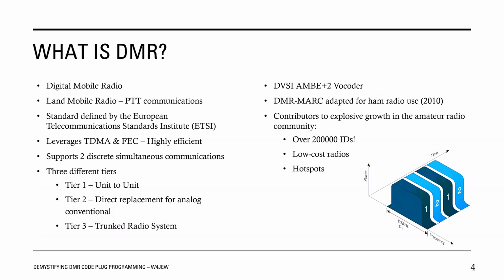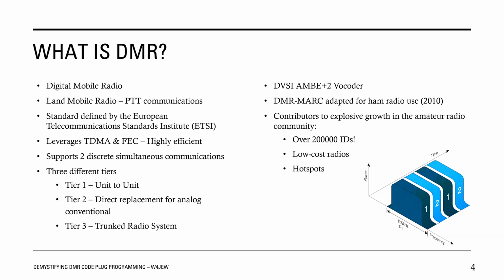DMR stands for Digital Mobile Radio. It fits into what is referred to as LMR, or Land Mobile Radio. Really, any PTT communications fits into the Land Mobile Radio category, but you'll typically hear LMR used when you hear about P25, DMR, NXDN, any of these commercial radio systems.